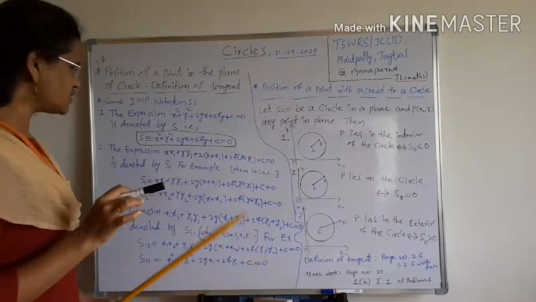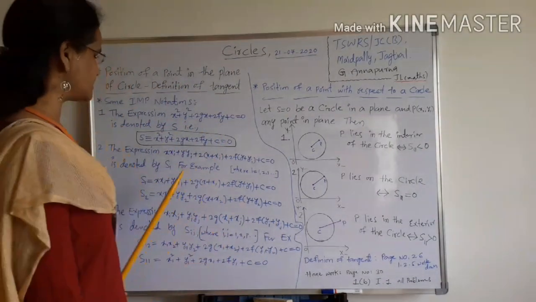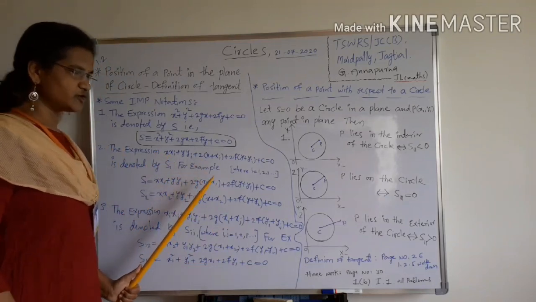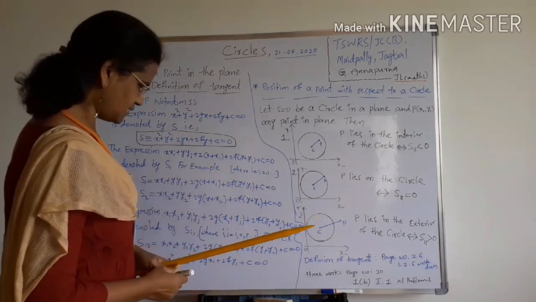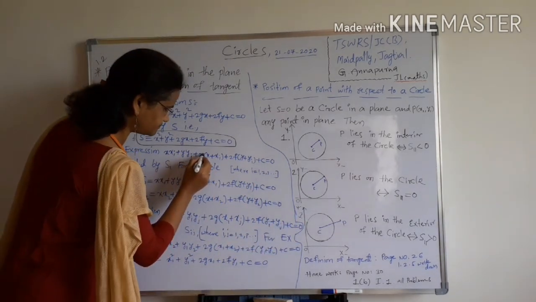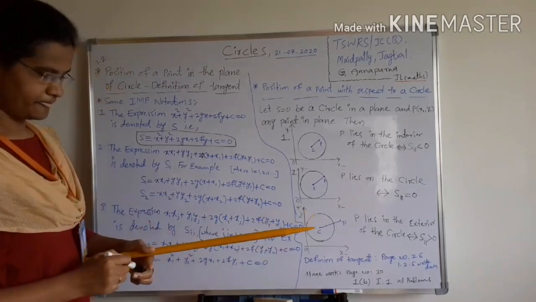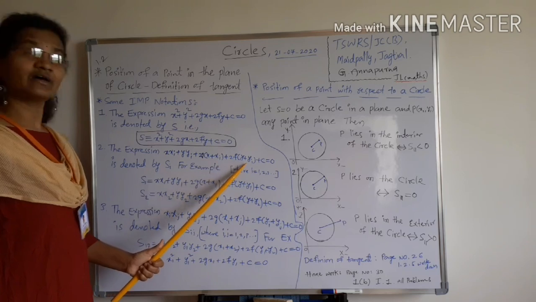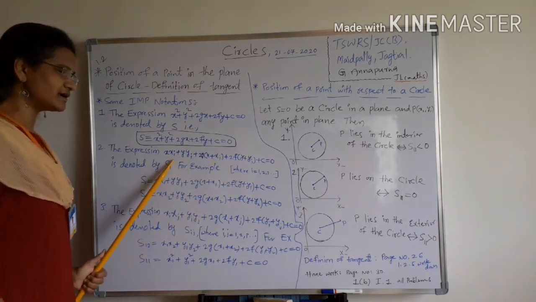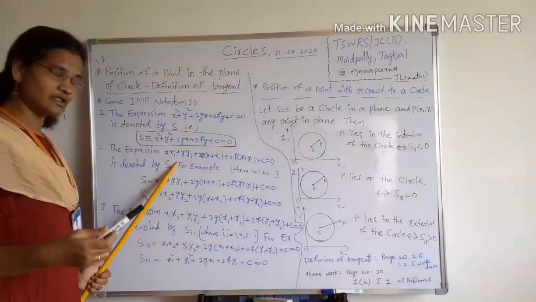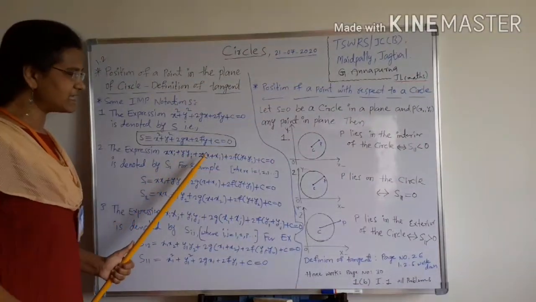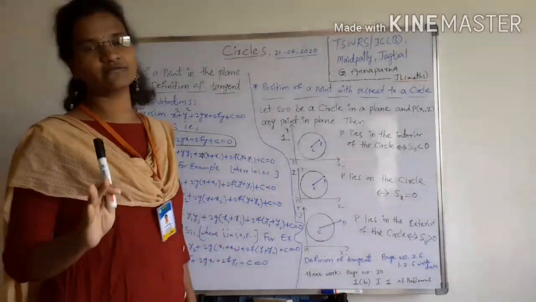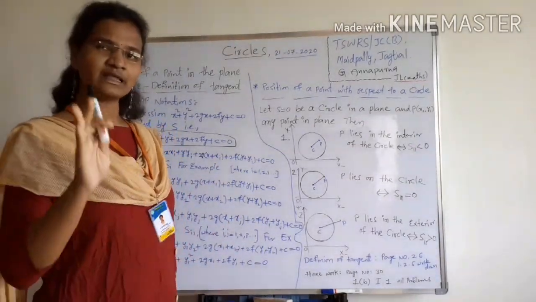Here, 2g of (x plus xi), 2f of (y plus yi). Whatever comes in the starting point of the equation, we add in the next equation. We will see an example as S1 and S2.